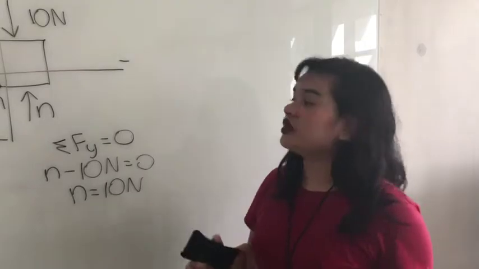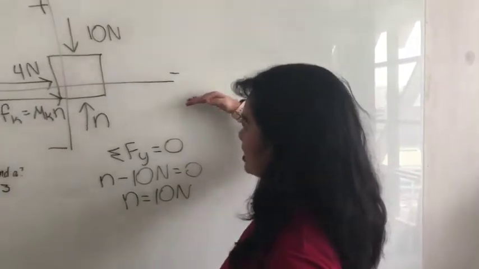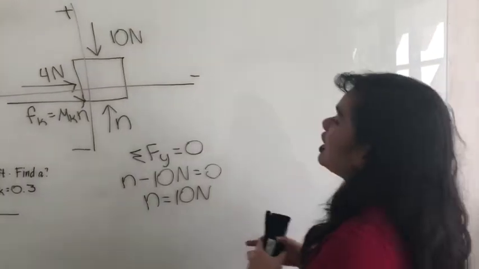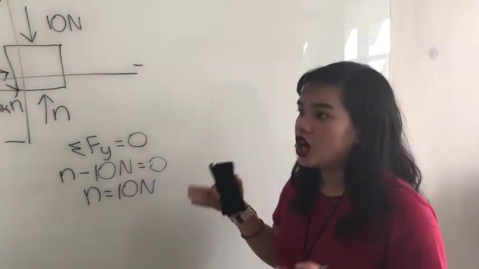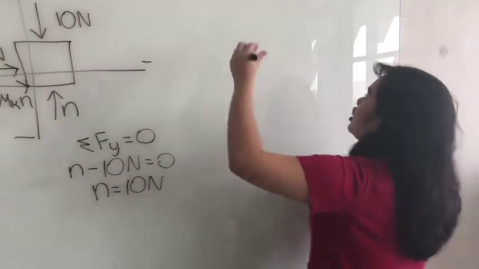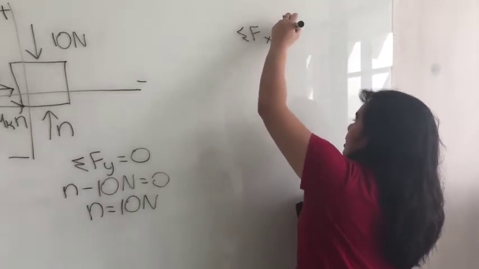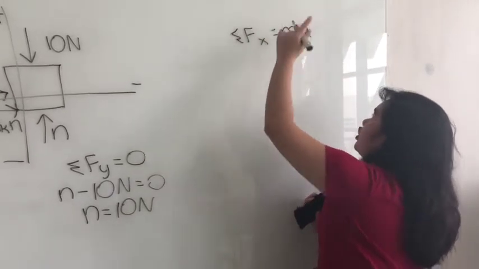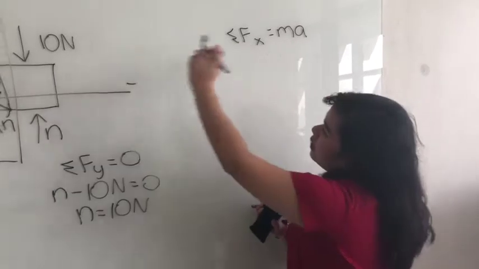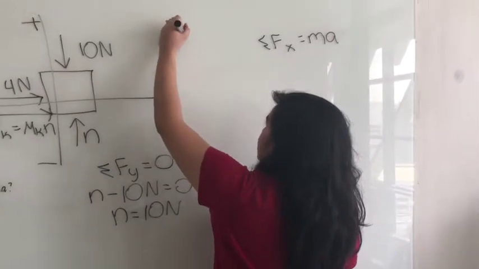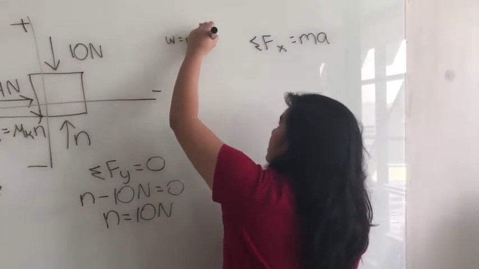The next thing we're going to solve is the forces on the x-axis. Since it is stated that the block is moving, our equation would be the summation of F of x is equal to ma. In order to get the value of m, we have weight is equal to mg.